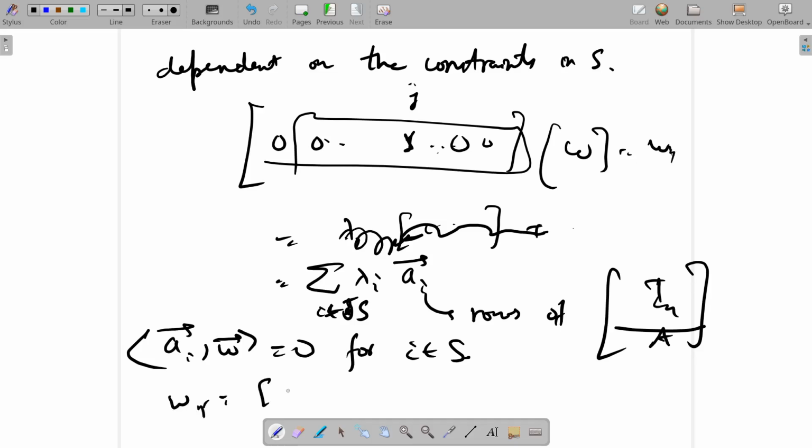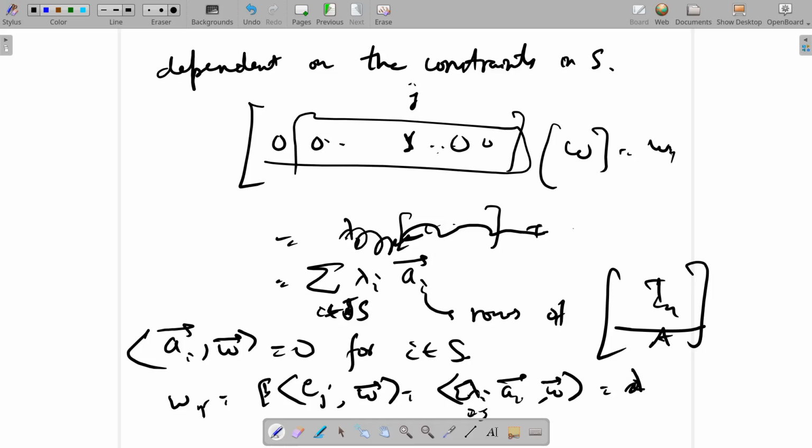So Wj is, let's call this Ej, the inner product of Ej with W. And what is Ej? It's the summation of lambda i ai over i in S, so Wj is the summation over i in S of lambda i times ai dot W. But W is tight here at all of these places, so all of these are equal to 0. So what we conclude is Wj is 0.